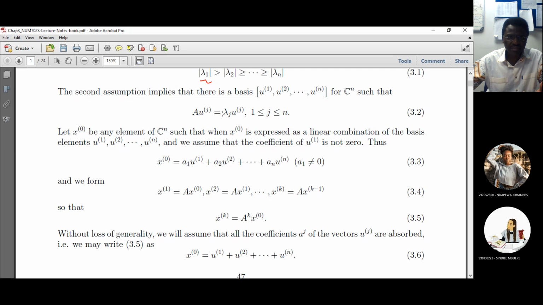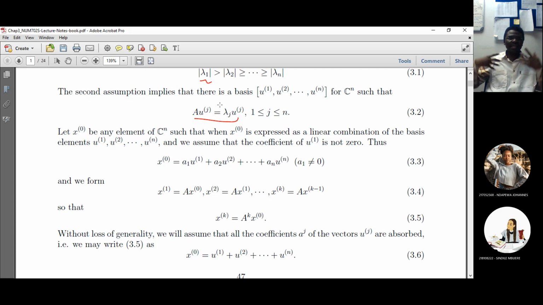It comes from the fact that if lambda j is an eigenvalue of A, and uj is an eigenvector, this is the relationship between the two. If I apply A to an eigenvector, it will be proportional to the eigenvector, and the constant of proportionality is your eigenvalue.